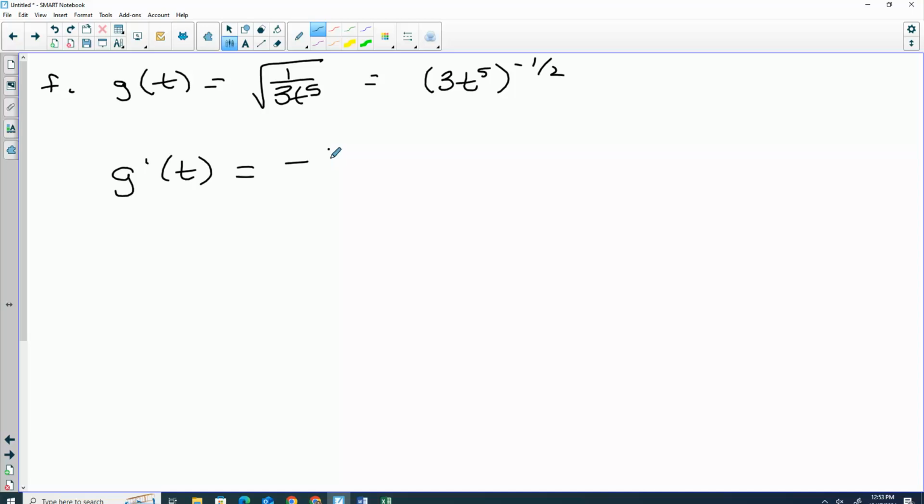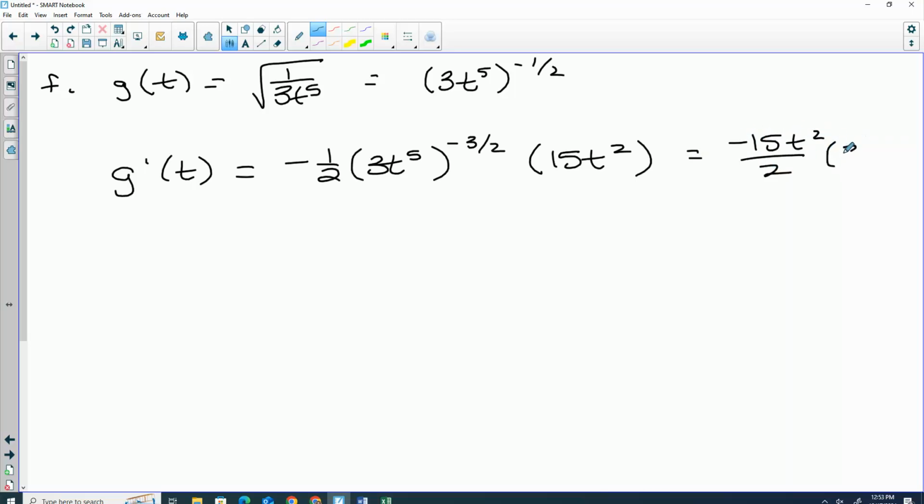So exponent comes down, inside stays the same, subtract 1 from the power, times derivative of the inside. And then if I multiply that, just a negative 15 t squared over 2 times 3 t squared, t to the fourth.